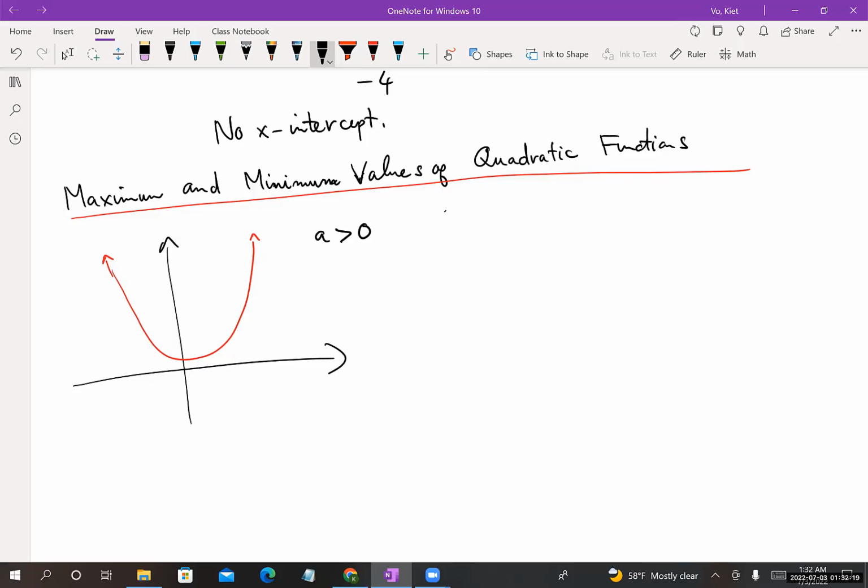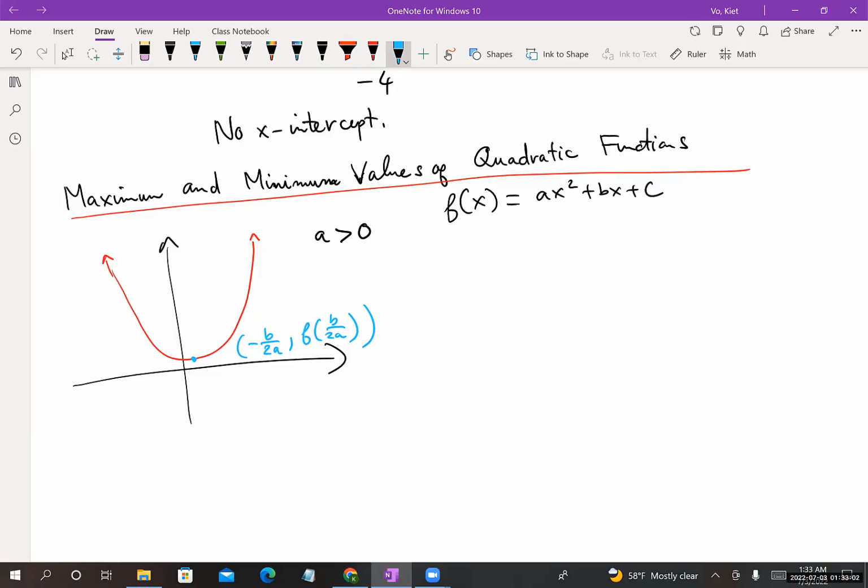Assume the function f of x equals ax squared plus bx plus c. At the vertex of this point here, we would have a minimum, because that's the lowest point on the graph of this parabola. You know the coordinate for the vertex is negative b over 2a, comma, f of negative b over 2a. When we talk about maximum or minimum value, that is the y value.